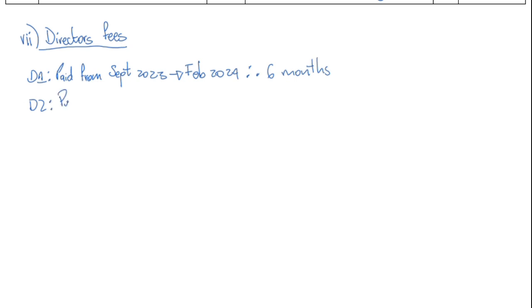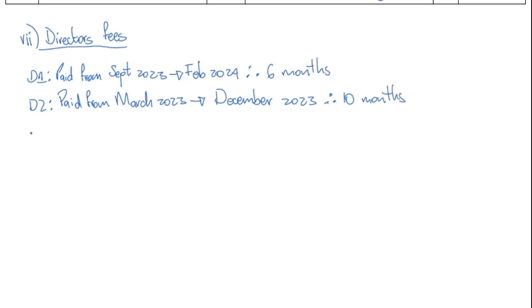We then have Director 2, who went overseas and was only paid until 31 December 2023. So this means that they've been paid for March 2023 to December 2023, which equals 10 months.